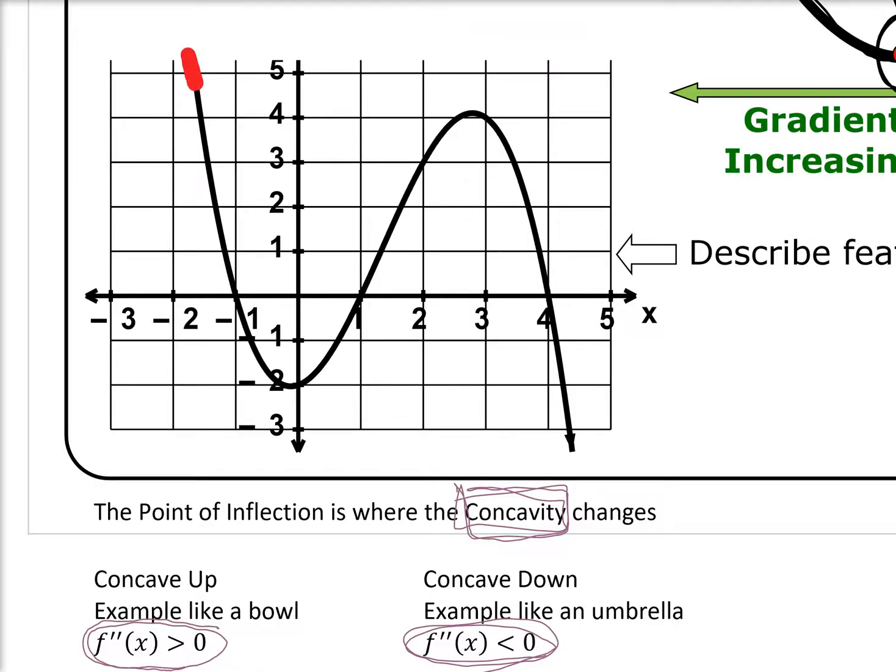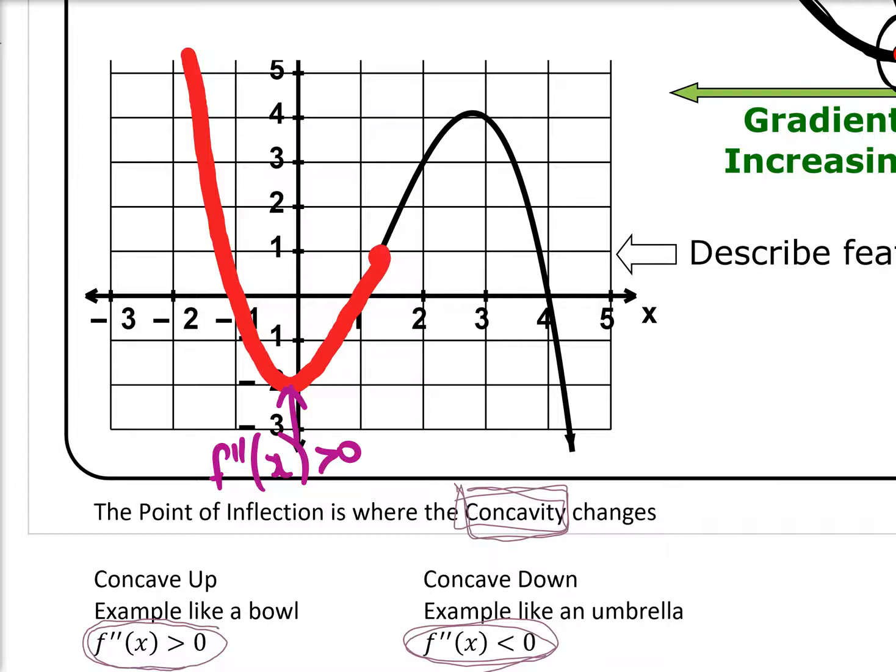So here is where the second derivative, about to there, is greater than 0. If f dash dash is greater than 0, it means the turning point will be a minimum. That is a test that you will do later on. If you differentiate a second time and substitute a value in, if it's greater than 0, it is concave up. Therefore, it is a local minimum.